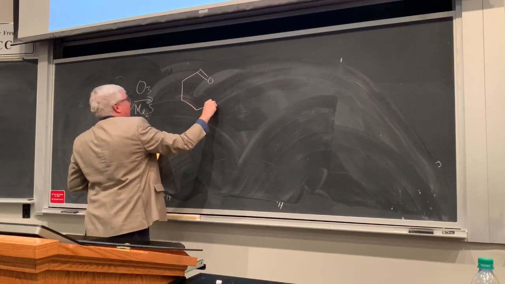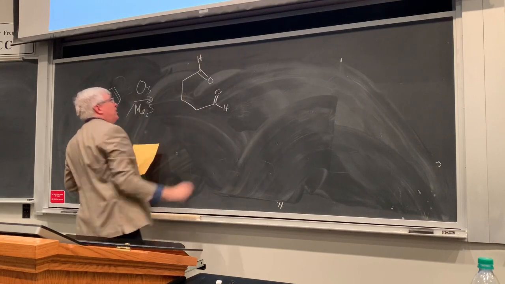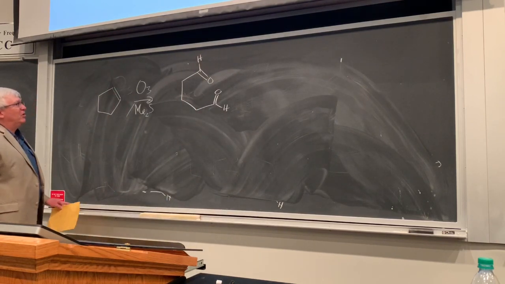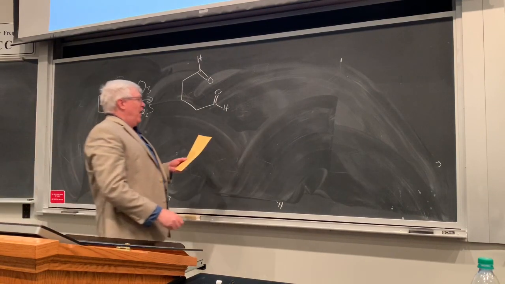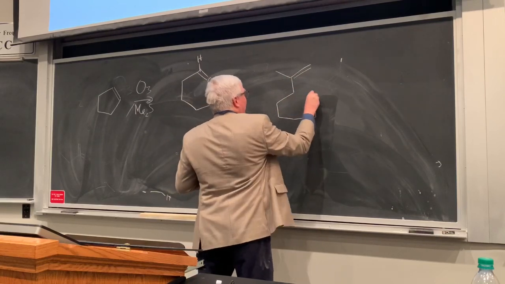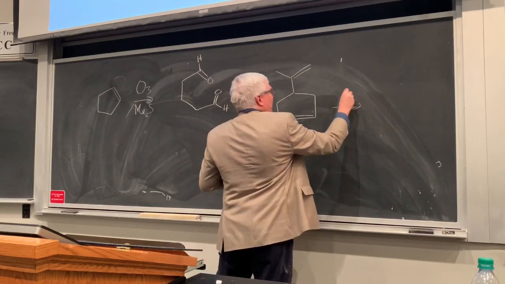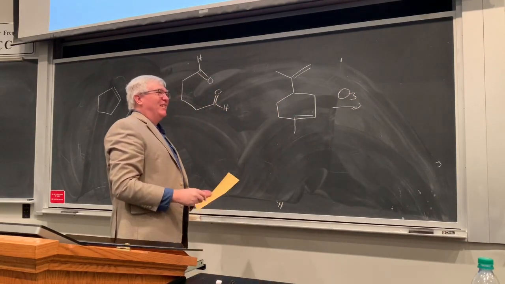We get out this dialdehyde. You don't need to draw in the hydrogens there, but make sure you count up carbons. You should have 5 carbons there in that dialdehyde. So that's kind of similar. How about this one? This is limonene. So here's limonene. We're going to do the oxidation.